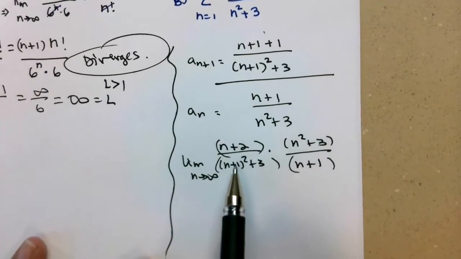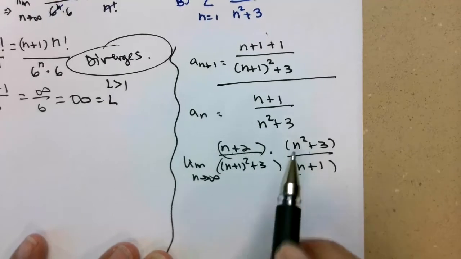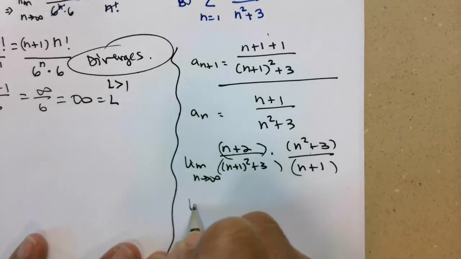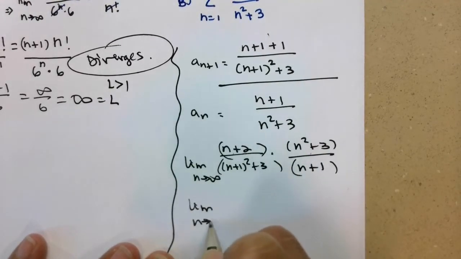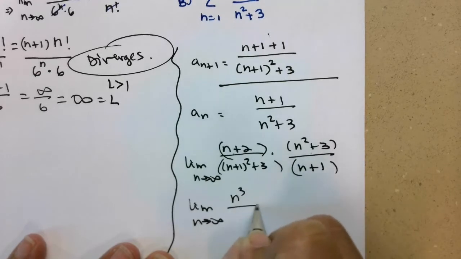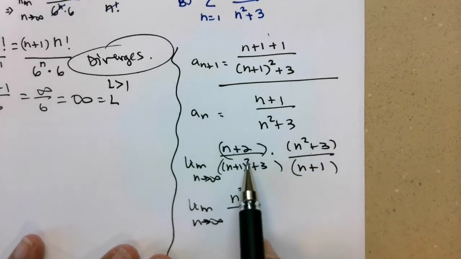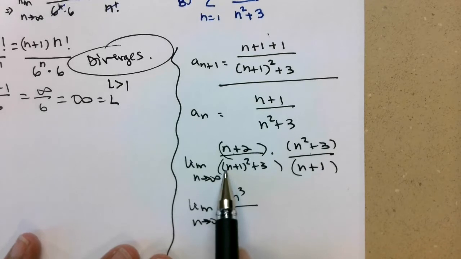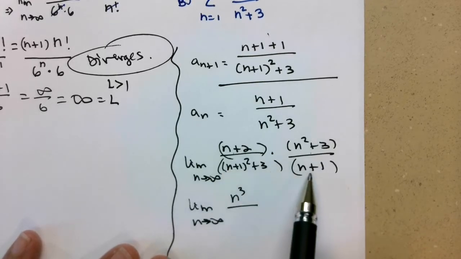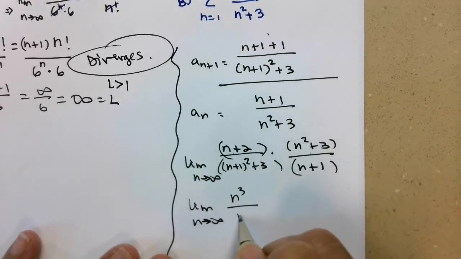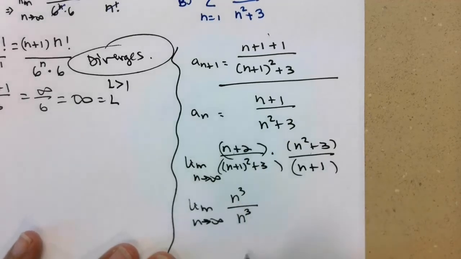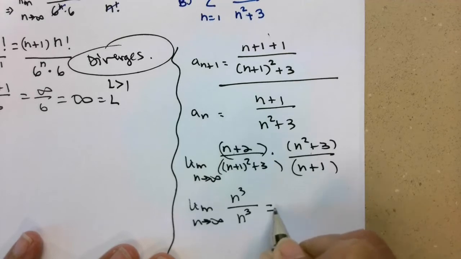But I can tell the biggest term on the top is an n cubed. So really I'm looking at the limit as n gets big of an n cubed on the top, and on the denominator I also have an n squared in my first bit, multiplied by the other factor, so it'll also be an n cubed. So when I take this limit, it is actually equal to 1.